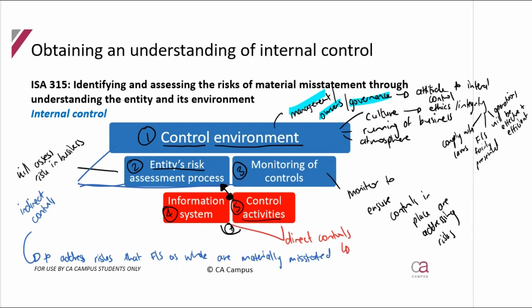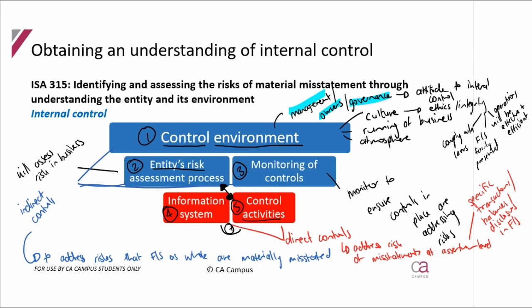And they are going to be controls that are there to address the risks of misstatements at the assertion level. The assertion level. And what I mean by that, they are therefore to address specific transactions or balances or disclosures in the financials.